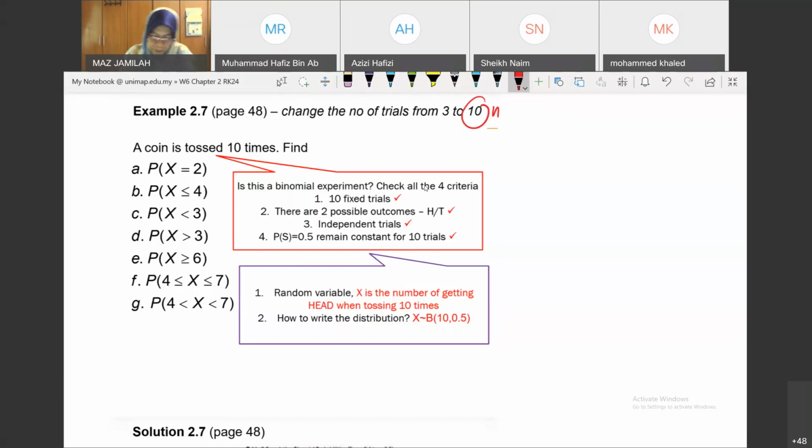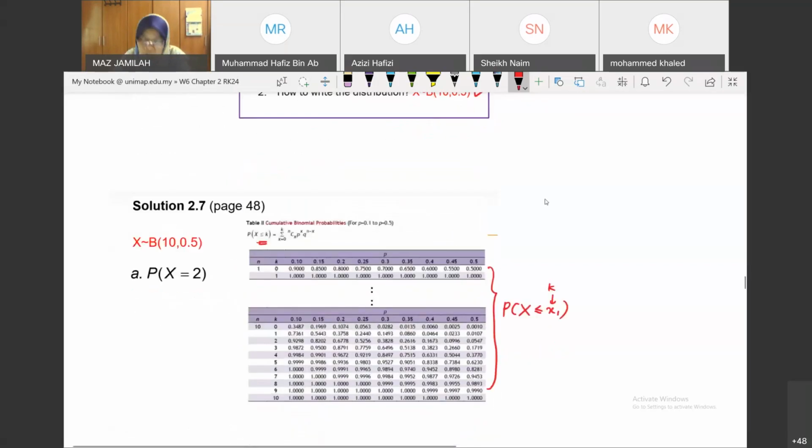So what is the random variable in this particular example? The random variable is the number of heads when tossing 10 times, and we can write the distribution as this one. Now we are trying to solve these equations.